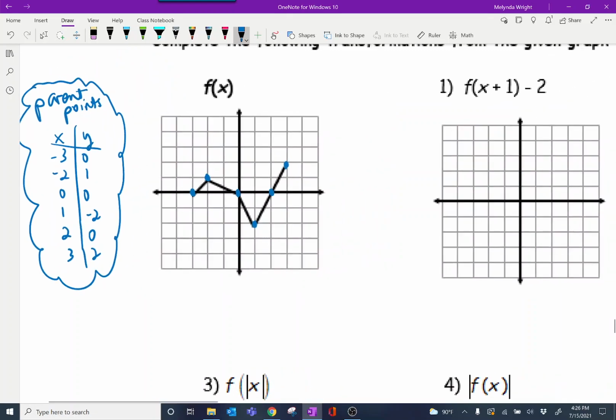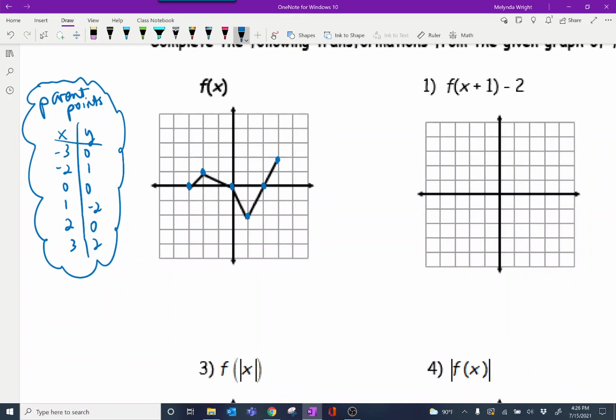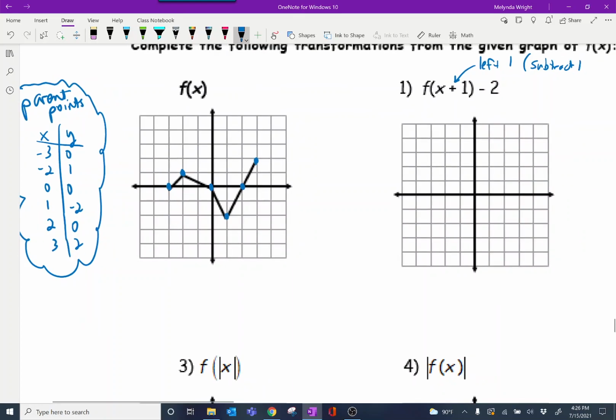Our first example, we have this transformation. See, that's inside with the x. So what that means is this is left 1, which means we're going to subtract 1 from all x values.